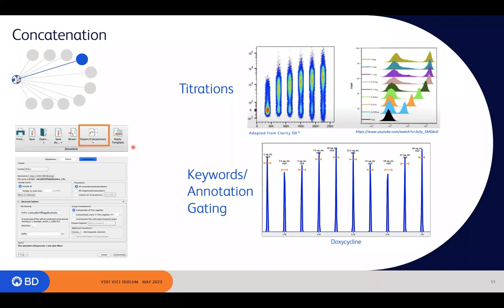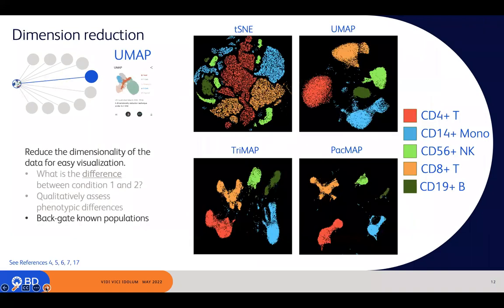Now, concatenation is not only useful for high dimensional work, but if you're doing titration experiments, it's very easy once you concatenate your files to identify which sample has the best stain index and therefore will be the optimal concentration to be using in your particular experiment. So it's an extremely useful platform. I feel it's a little underutilized, but you need it. You absolutely need it if you're going to do any of the high dimensional work.